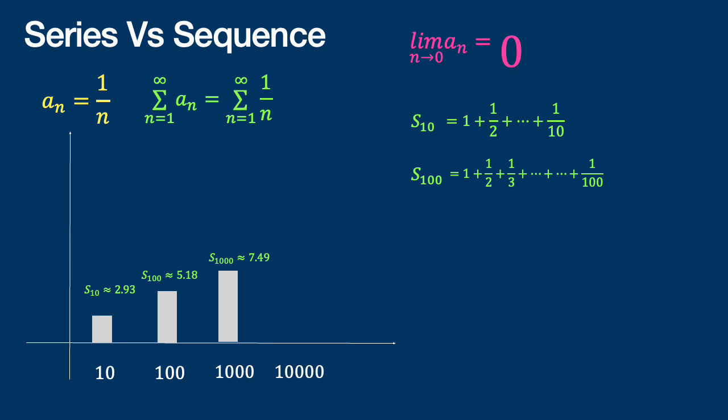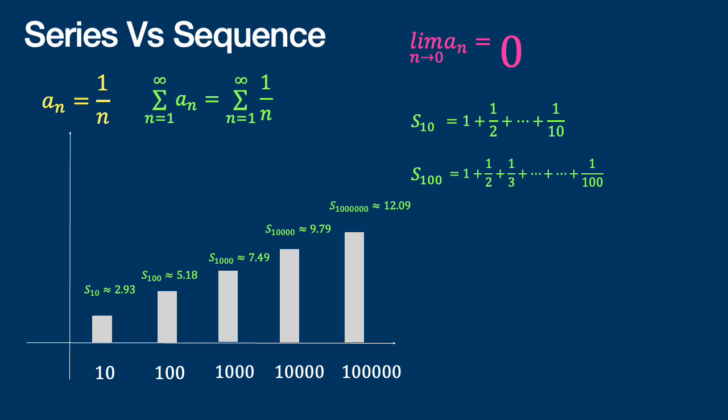Keep going, guys. S_10,000 is going to be 9.79. You add more, guys, okay? At 100,000, you will see that number is 12.90. So the partial sum is slowly increasing, which means the limit of the partial sum is going to be infinity.